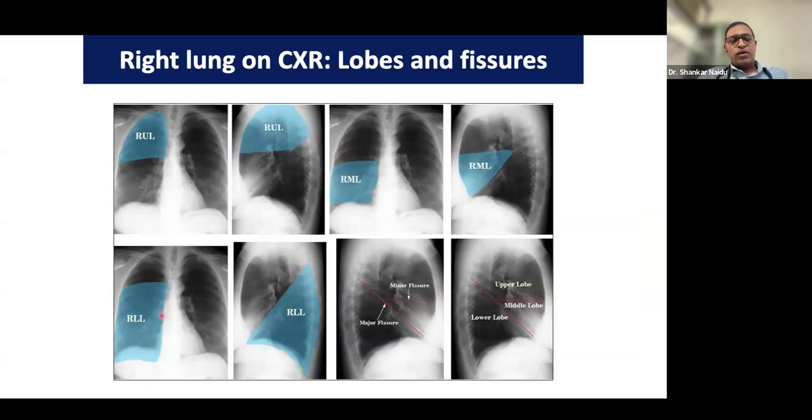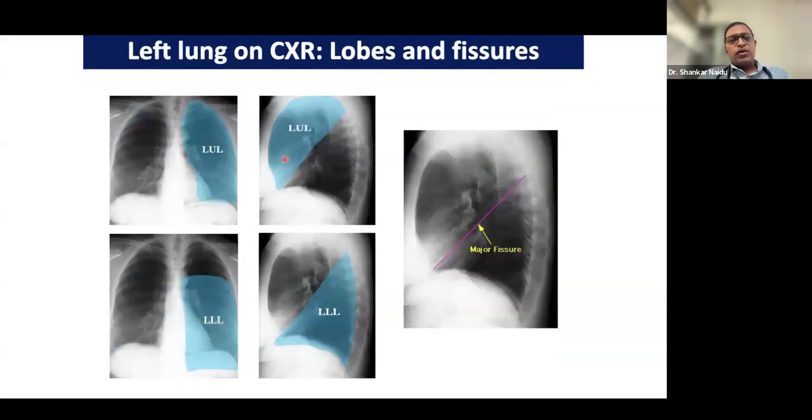And once we suspect lower lobe pathology, it is better to get a lateral X-ray so that we are much more clear in interpreting the findings. Similarly, on the left side, this is the left upper lobe area and the left lower lobe is in the lower half of the thoracic cavity, again better appreciated on the lateral view of the X-ray.